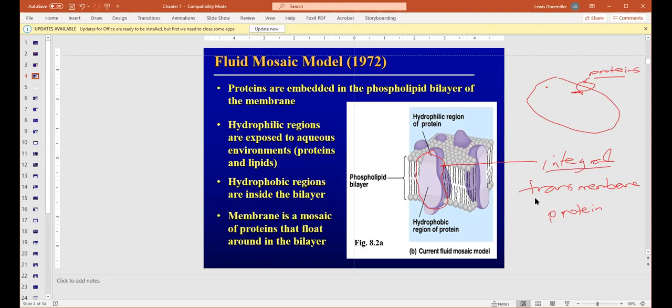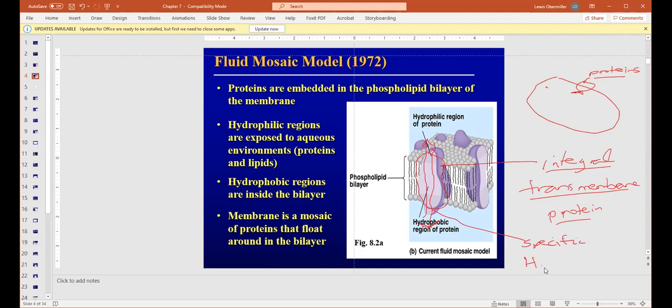So these are called integral or transmembrane proteins, and usually their job is to transport something either from the outside of the cell to the inside, or from the inside to the outside of the cell. And they're very specific for what they transport.